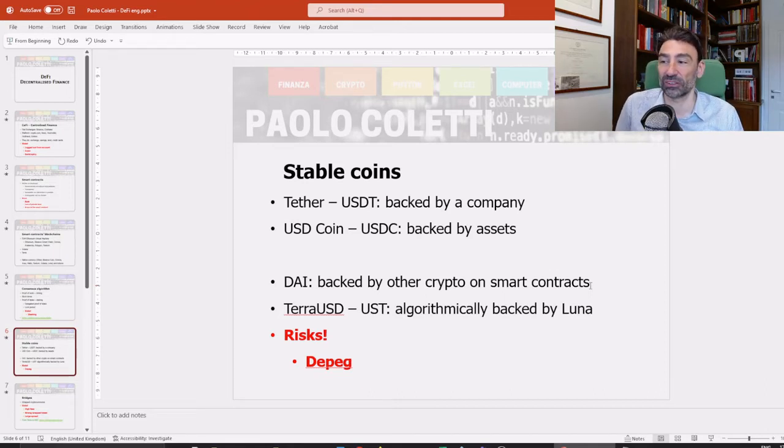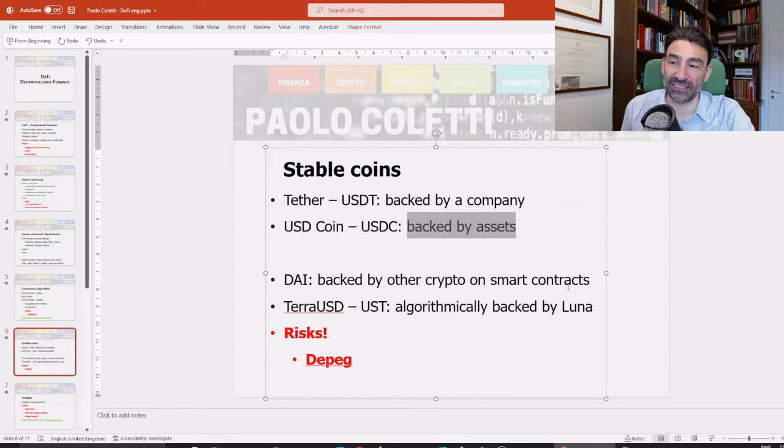So inside the smart contract of DAI, there is a certain amount of Ethereum or other crypto tokens locked to guarantee that when you come back with your DAI, they give you back the cryptocurrency that you wish for, the equivalent of one DAI, $1. The advantage is that this is backed by the same assets as the previous one, but those assets can be frozen by the government, for example. These assets cannot be frozen by the government because it's a smart contract which gives the asset back to you.